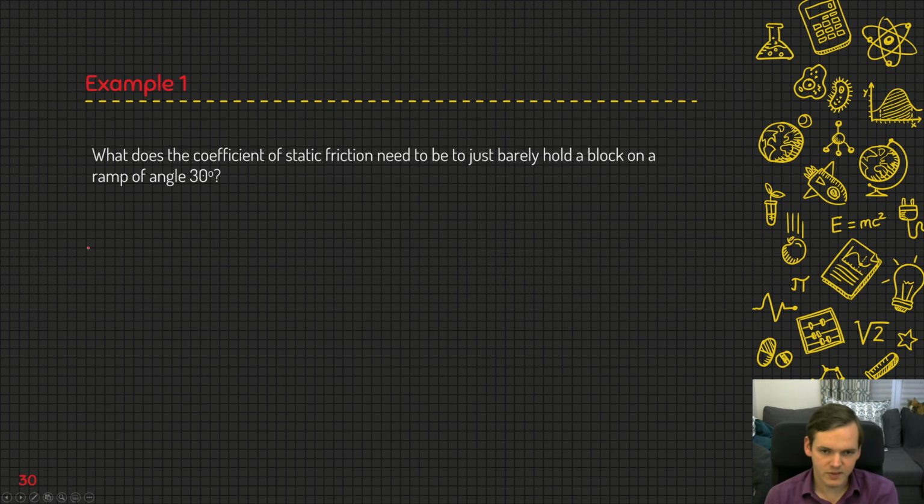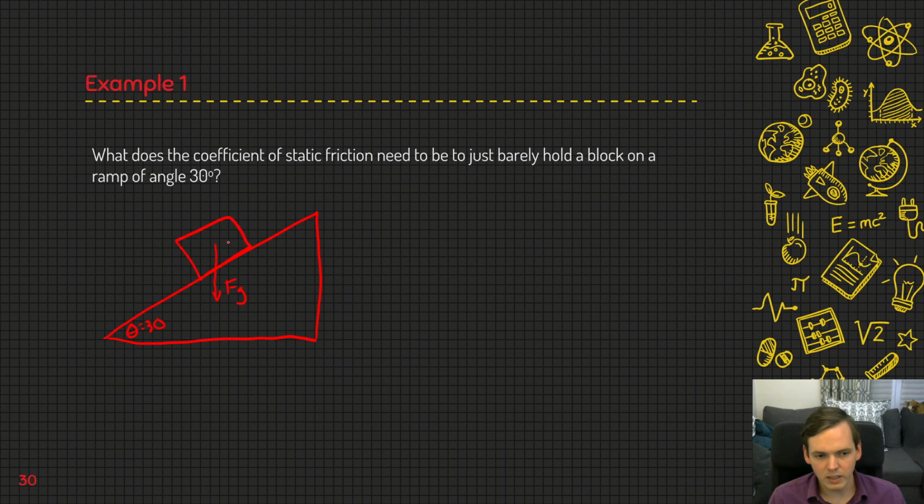So let's take a look at an example problem here. What does the coefficient of static friction need to be to just barely hold a block on a ramp of angle 30 degrees? So let's sketch a ramp here, an inclined plane. We've got a block, and we know that we've got Fg pulling it down. We've got the force of friction holding it to keep it from sliding down, and then we've got the normal force pointing out of the ramp.